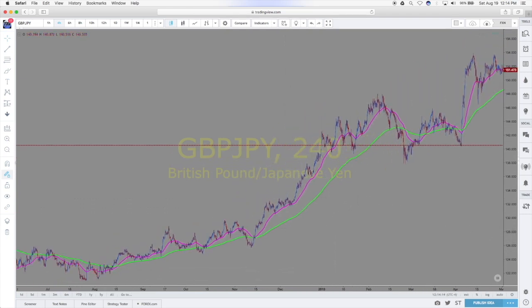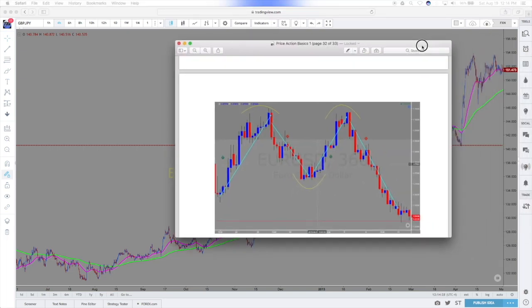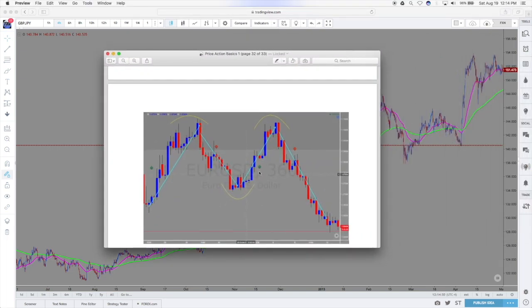What I'm going to do for this example is bring up a graph that I did, that way I can kind of show you. Hopefully you can see this, but here is an example of a double top.